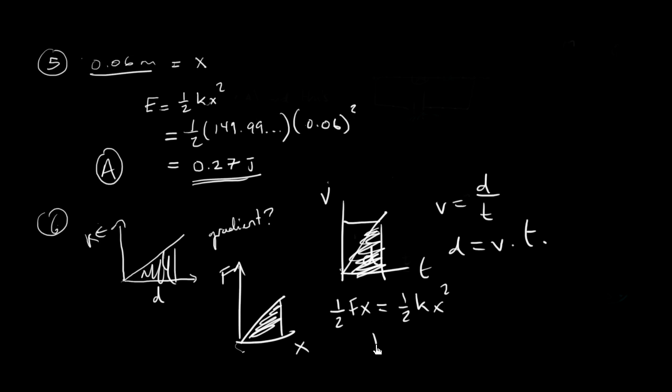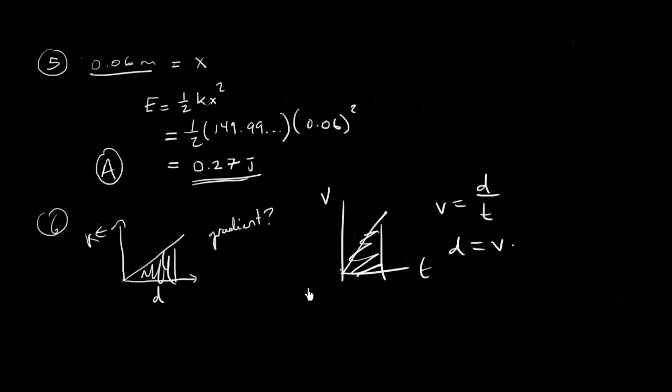The area of that graph is the work done to stretch it, and also the energy stored inside of it, assuming that it's all stored. That's a bit of revision on area and the meanings of graphs and gradients. Hopefully that will be handy.